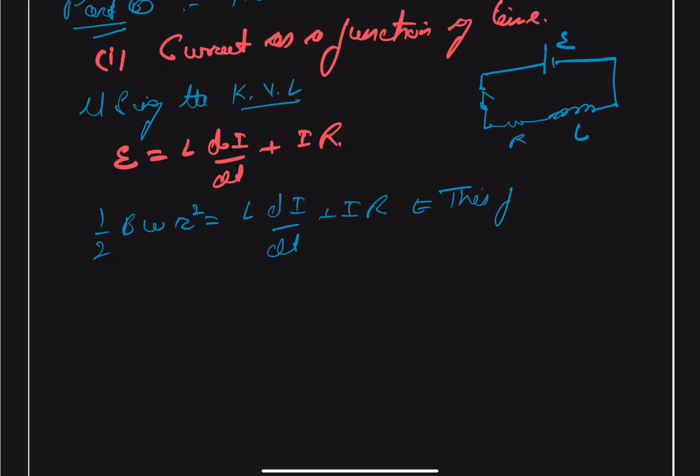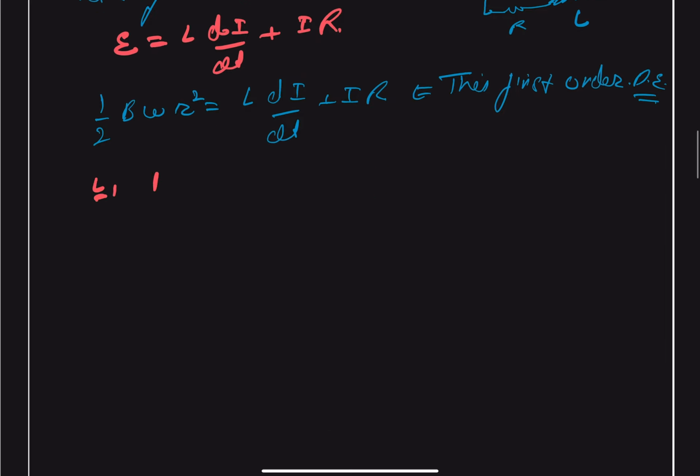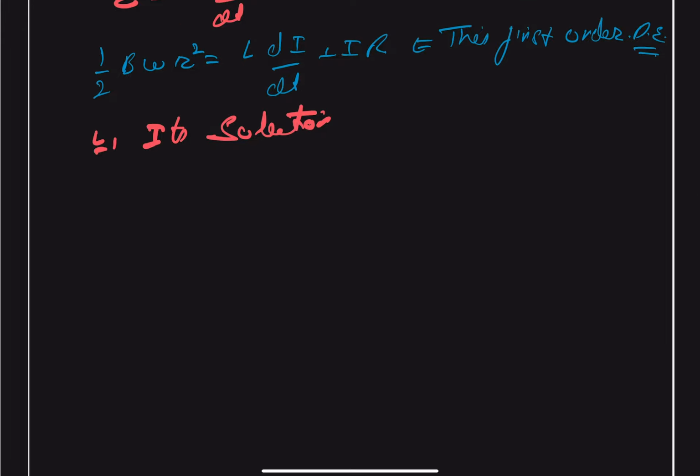Therefore its solution will be, we are going to get I of t is equal to I max times 1 minus e raised to power minus R upon L multiplied by t.